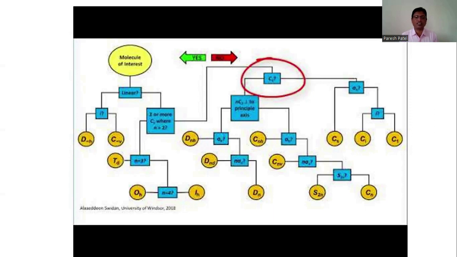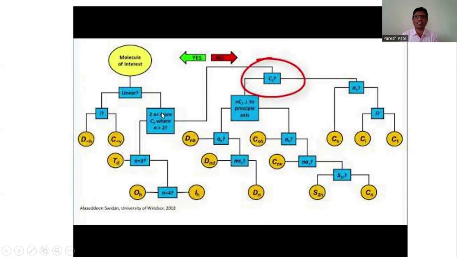If multiple higher order axes are present, then the point group may be Td, Oh, or Ih. If σd is present, then the Td point group may be present. If σh is present, then the point group may be Oh. If both are absent, then the point group may be Ih. Td means tetrahedral, Oh means octahedral.